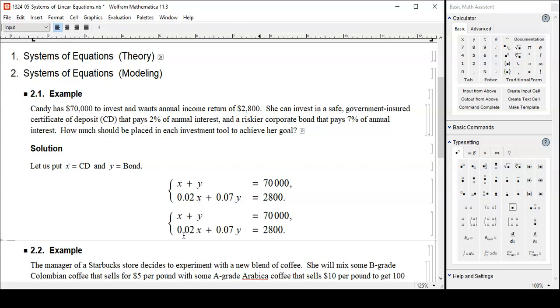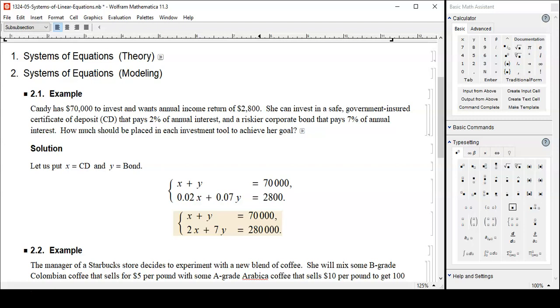Multiply 100. I'm moving the decimal twice, so we get just 2x. And then multiply the same 100, move the decimal twice, so 7y. And again, multiply the same 100: 2 more zeros. So that's the equation I have to solve.